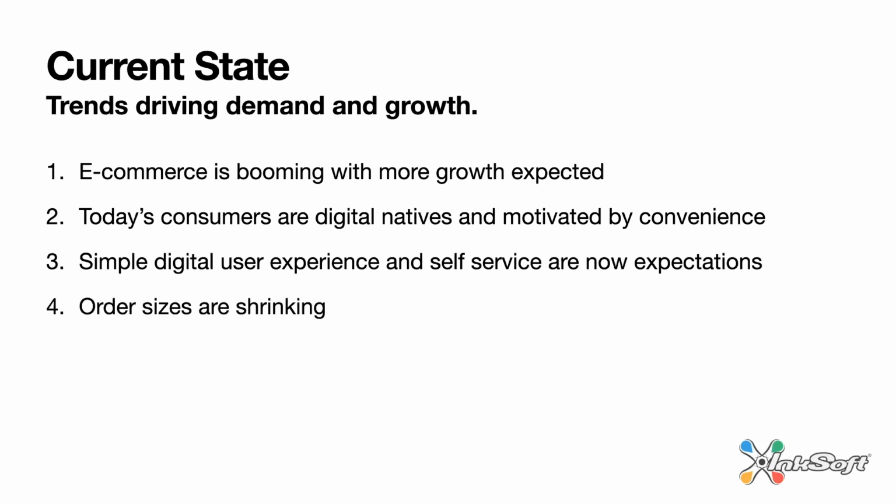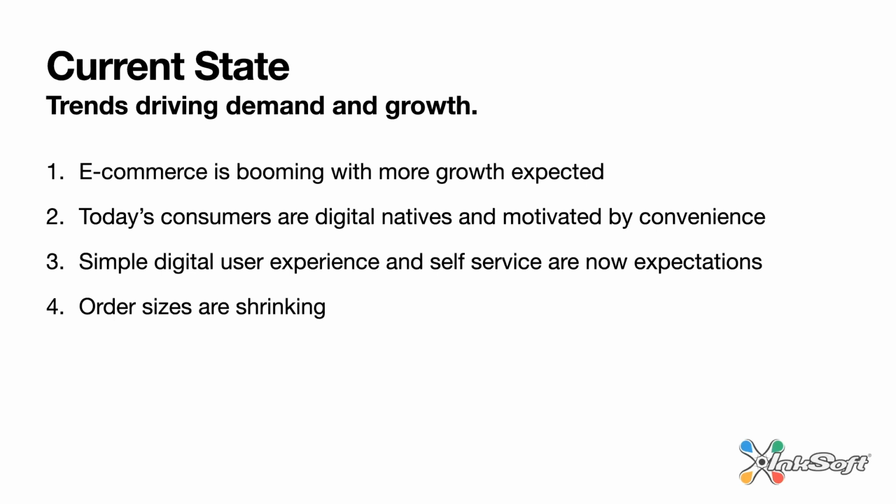The other consideration, and this is something I've been hearing a lot about, and this wasn't even something that happened during the COVID pandemic, this has been in motion for ages now, is that traditional order sizes are shrinking. So consumers today are placing orders for smaller quantities. However, they tend to expect to be able to replenish those small quantity orders more frequently.